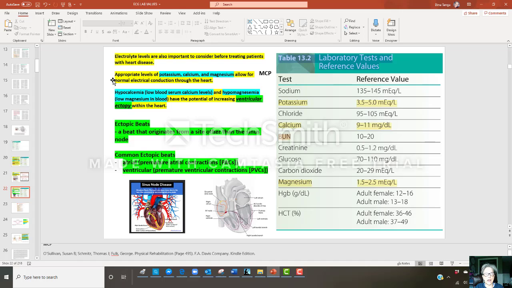So if your patient has hypocalcemia or hypomagnesemia, it increases the potential for an ectopic beat in the heart. Normal lab levels for calcium are 9 to 11, and magnesium normal is 1.5 to 2.5.